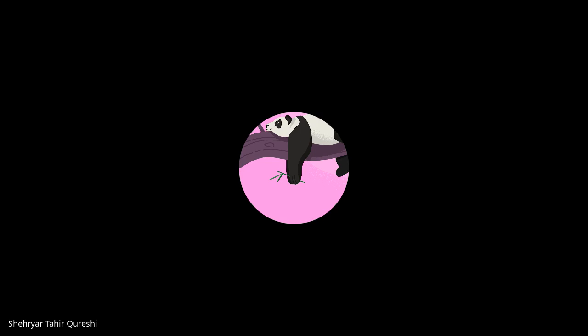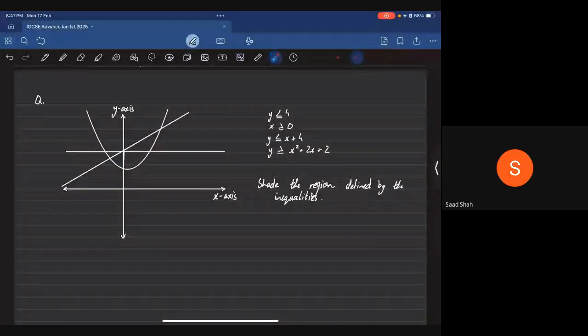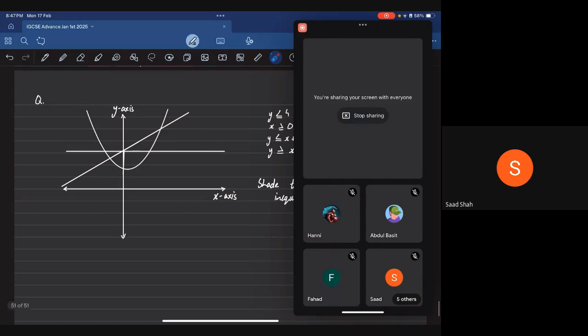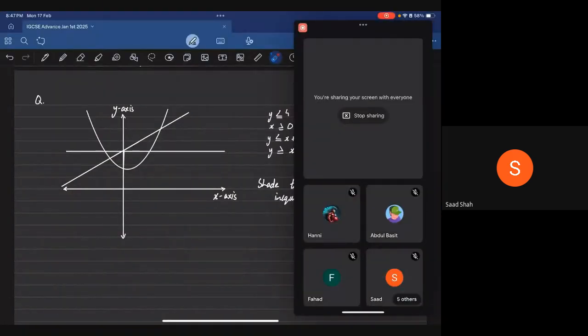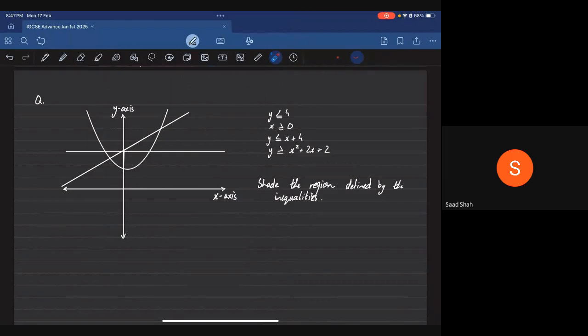Okay, I was showing you guys a question before I logged out, which was this one. Okay. One by one, kindly try to solve this question. The inequalities are given to you.